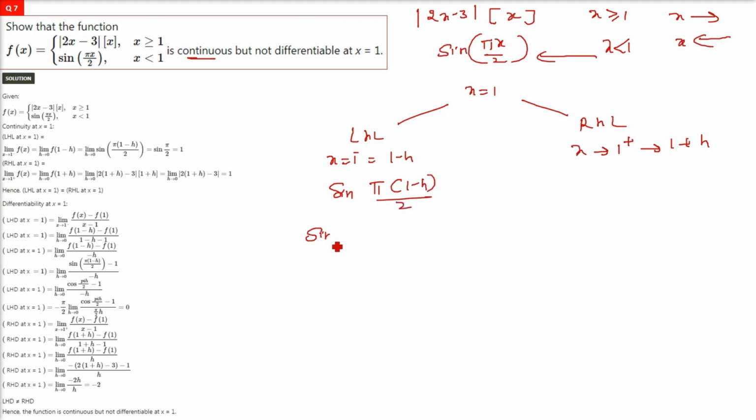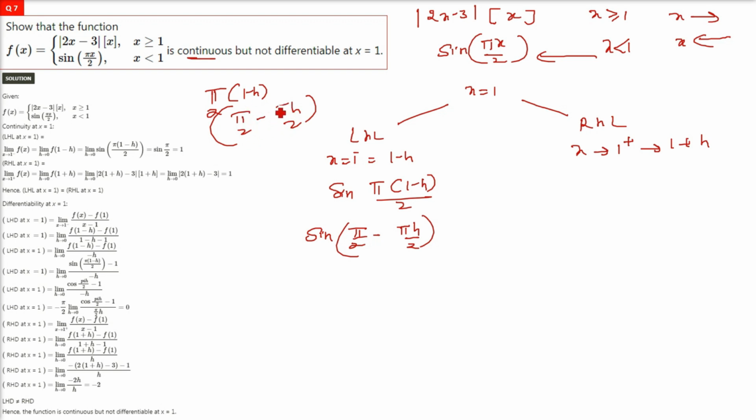So sine of pi by 2 minus pi by 2 h. It is pi by 2 into 1 minus h, so I just multiplied it inside. Sine of 90 minus theta is cos theta.